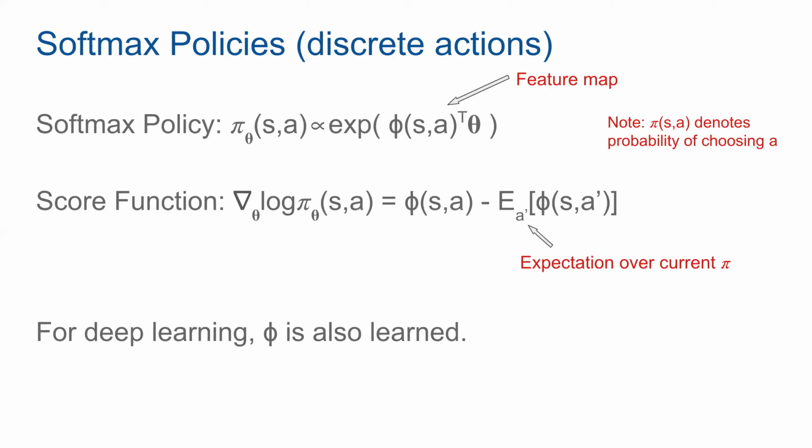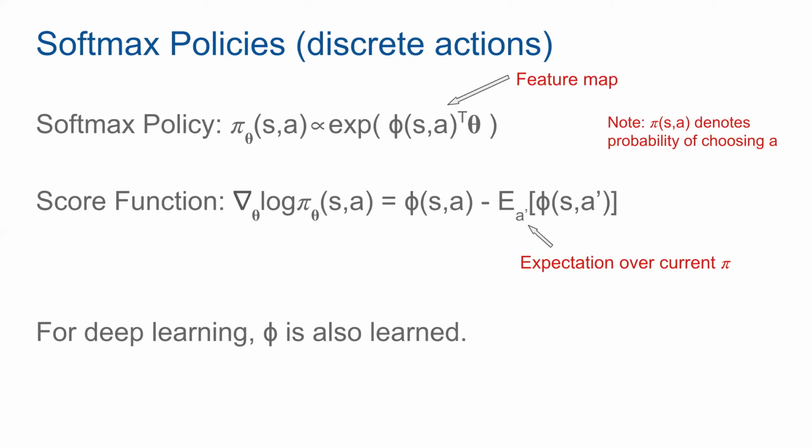And the score function is in the second line. If you recall what gradients look like for logistic regression, this looks a lot like that formulation, and indeed there's a really close connection here.